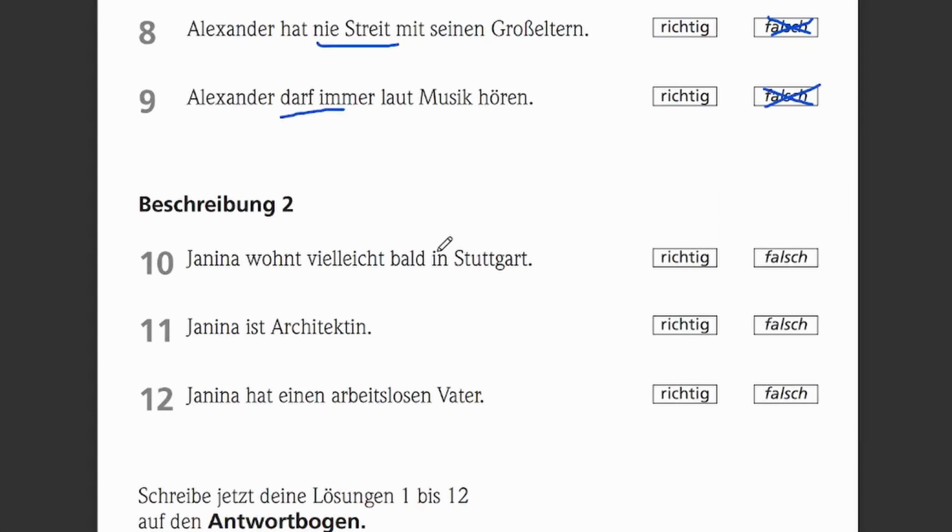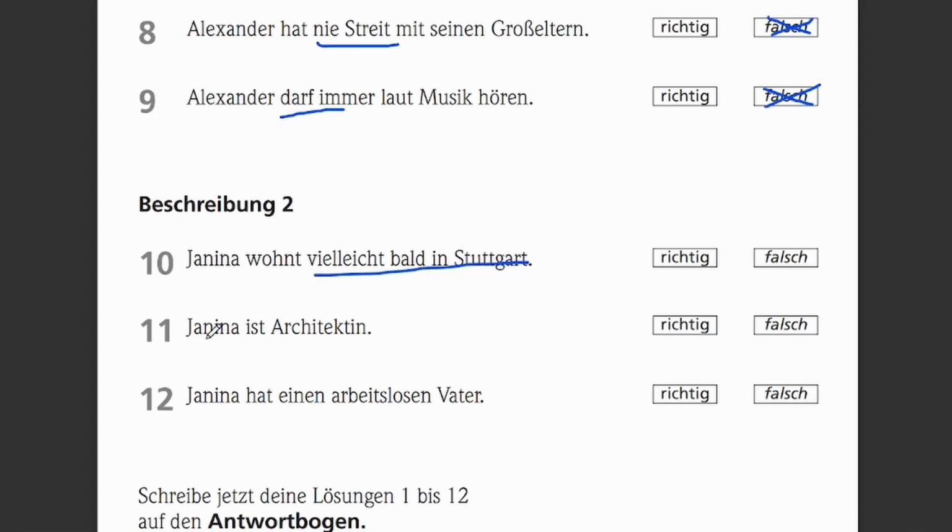So before even going and reading the second description, let's see the questions. Janina wohnt vielleicht bald in Stuttgart. Janina, so how you pronounce it? Janina wohnt vielleicht. Maybe she will sooner be living in Stuttgart.